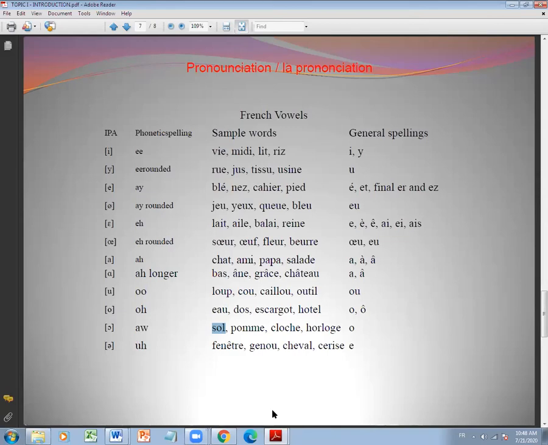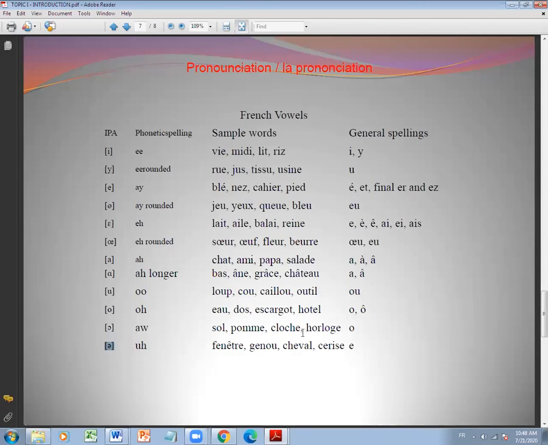Cheval. Cheval is the horse. You see at the end here, look at how it is written on your left. It's now the E. So we say fenêtre, genou, then cheval, not che, but che.